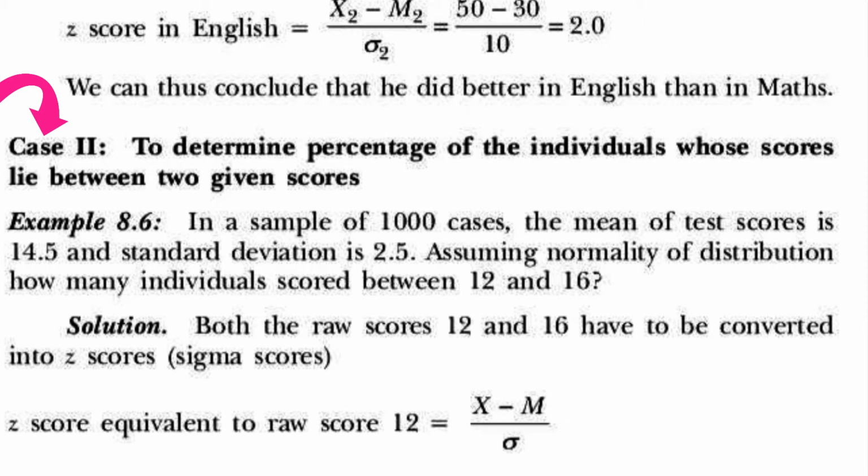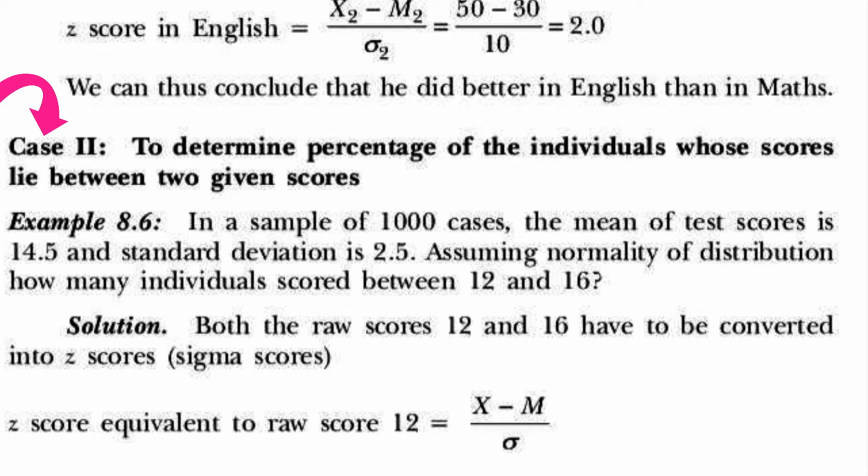In a sample of 1,000 cases, the mean of test scores is 14.5 and standard deviation is 2.5. Assuming normality of distribution, how many individuals scored between 12 and 16? Here you can find out the number of individuals whose scores lie between the points 12 and 16. Mean and standard deviation are given.